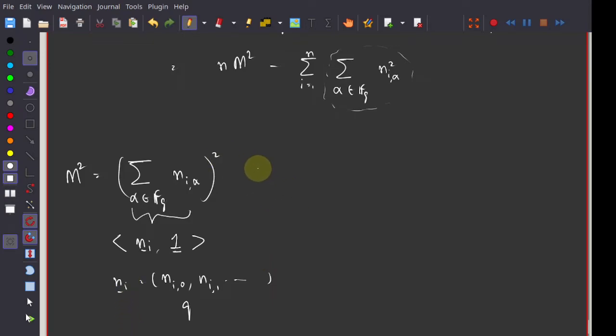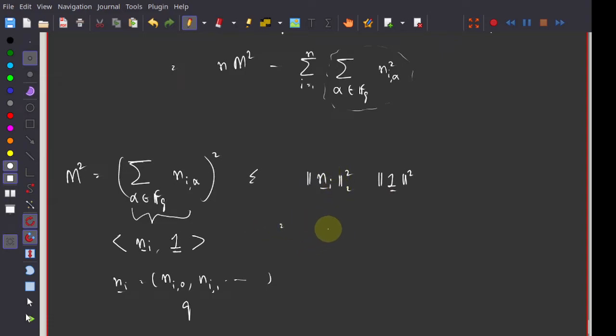Now let me use the Cauchy-Schwarz inequality. What does it say? Correct. The inner product x transpose y, the whole square, is at most the 2 norm of n_i squared times the 2 norm of the all ones vector squared.